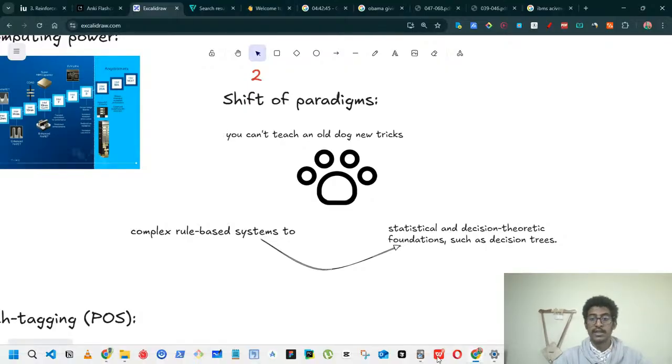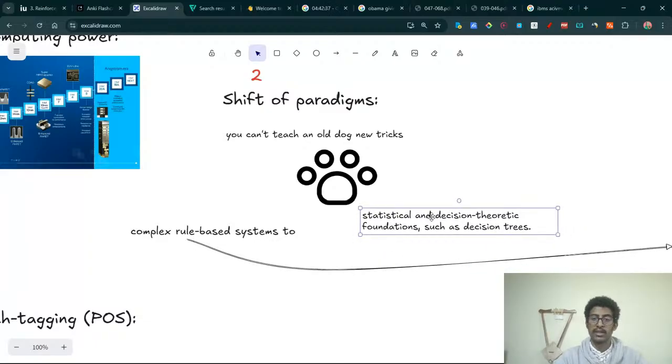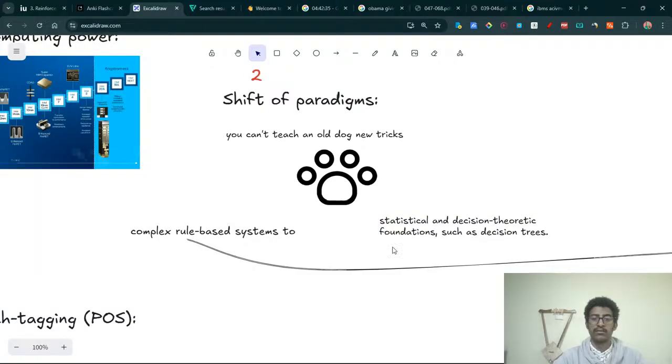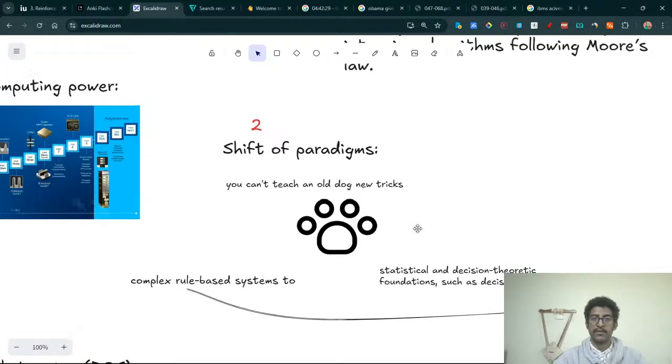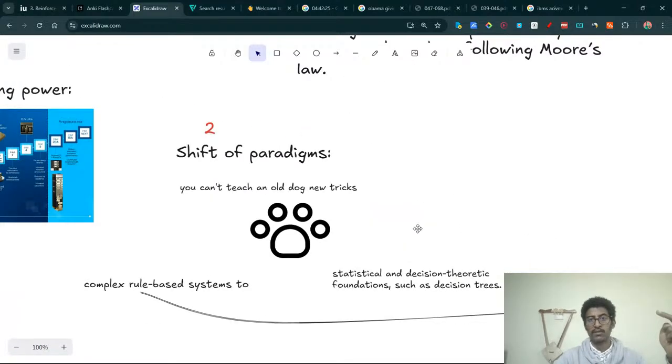So they changed it into statistical and decision theory foundations, such as decision trees. They changed the NLP methods into this, a kind of paradigm shift.